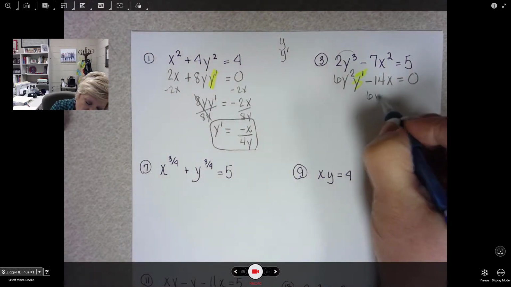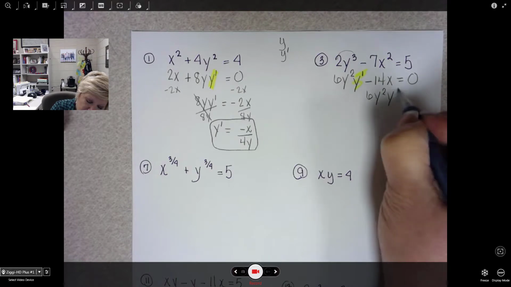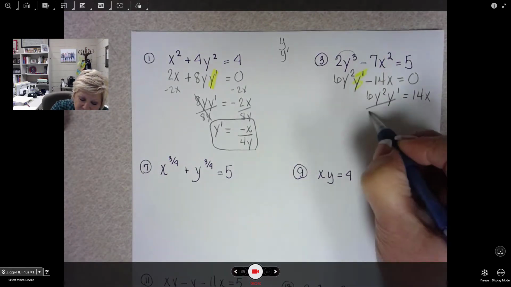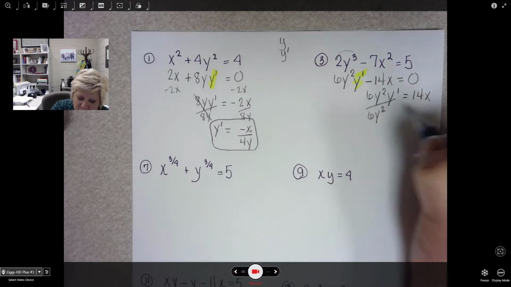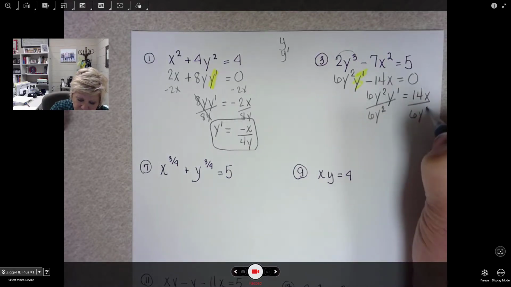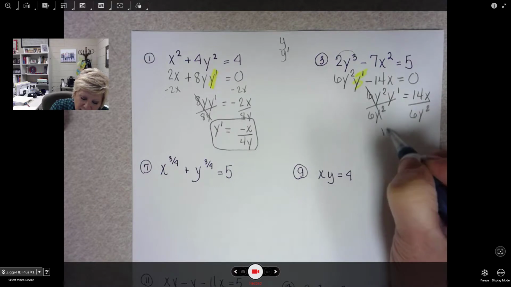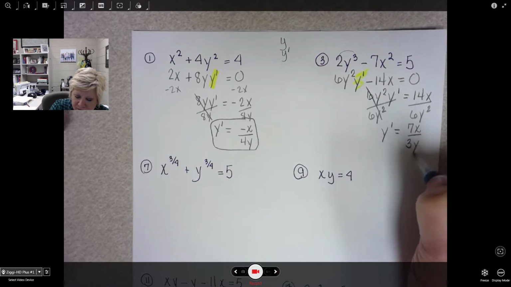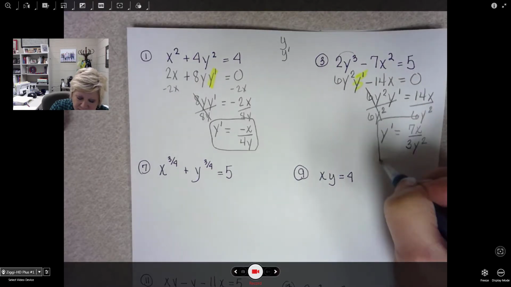So 6y squared y prime equal positive 14x. And then divide both sides by 6y squared. So y prime equal, they're both even, so 2 will go into both of them. And that's your derivative.